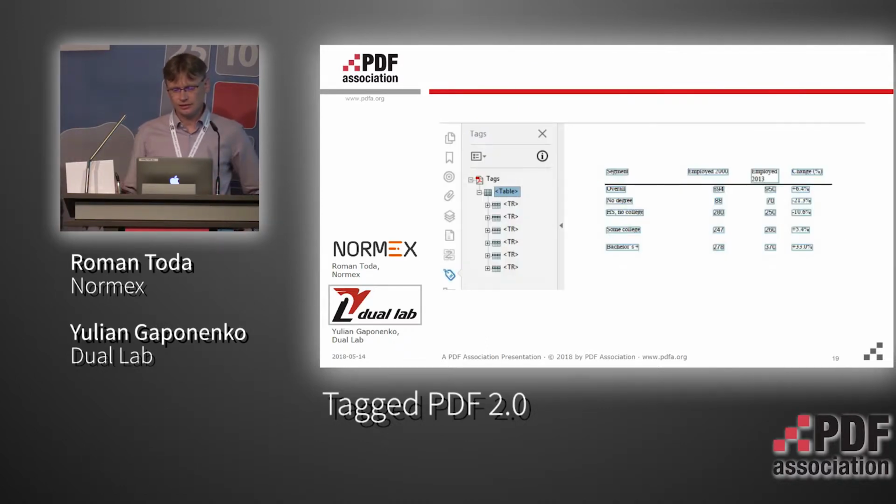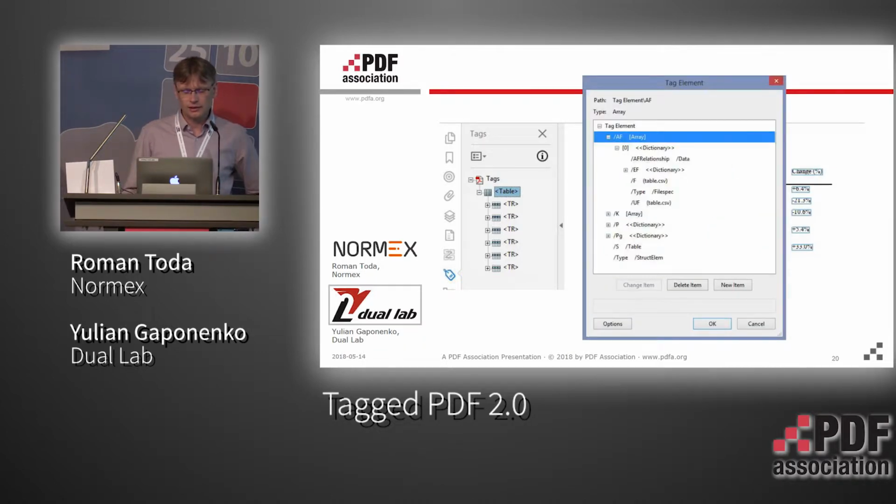And how does that look in practice? So let's have a look at this simple table. It's a stack: table, rows, and so on. I forgot to mention that AF is an array. So you might have not just one associated file, but an array of associated files with each structure element.